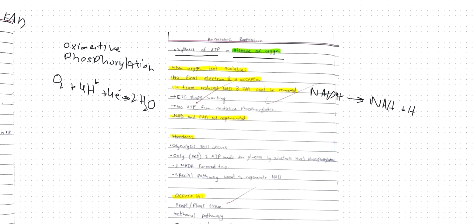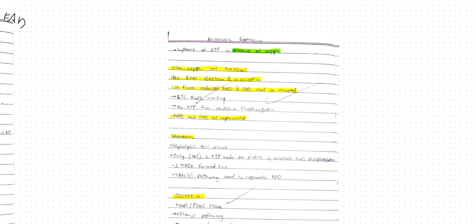So what is anaerobic respiration? It is the synthesis of ATP in the absence of oxygen. So when we don't have oxygen, then anaerobic respiration will take place. Why is that? Because at the end of oxidative phosphorylation, oxygen accepts 4 protons and 4 electrons and makes 2 molecules of water.